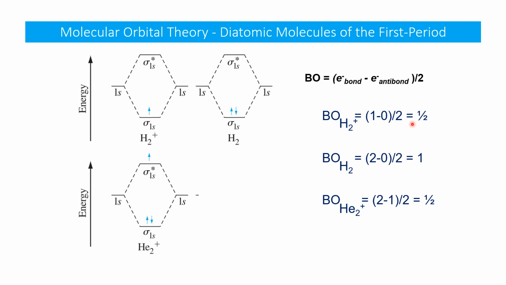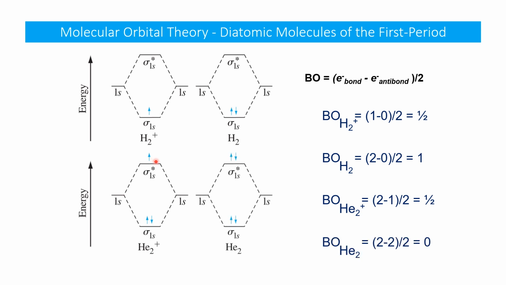The same treatise applies to He2 plus, which is a 3 electron system. So this is dihelium plus. And you can see that with this we have a bond order which is 2 minus 1 divided by 2 equals plus a half. Now, look at this puppy. This is, of course, He2.